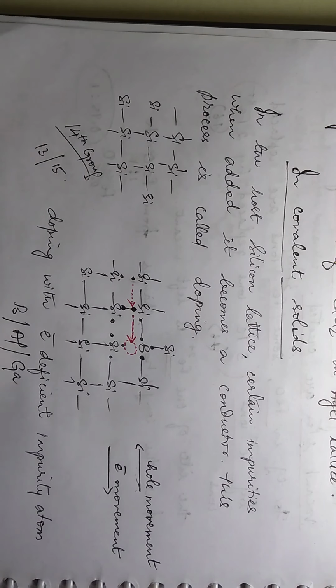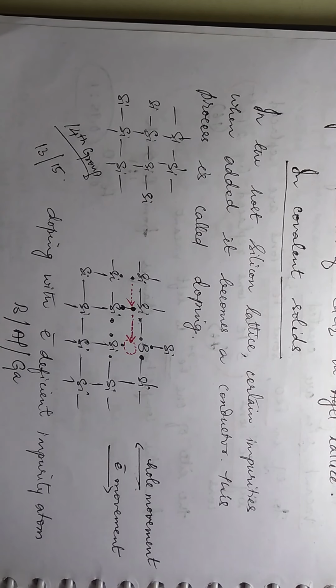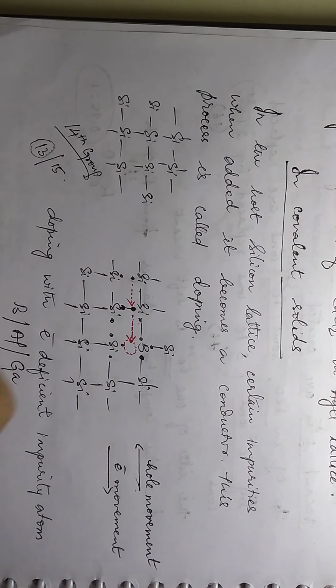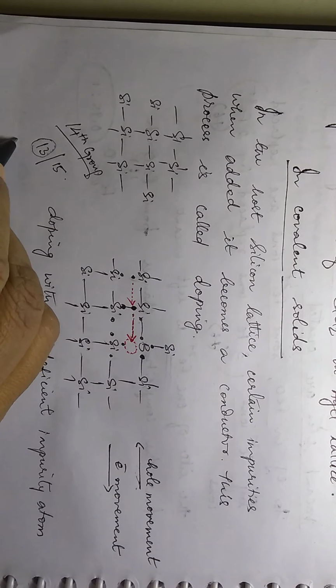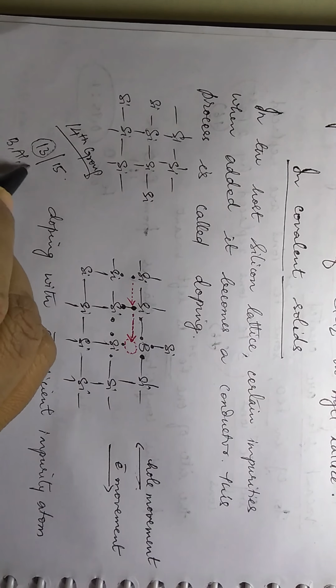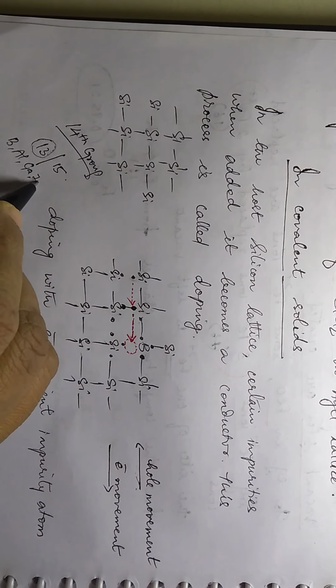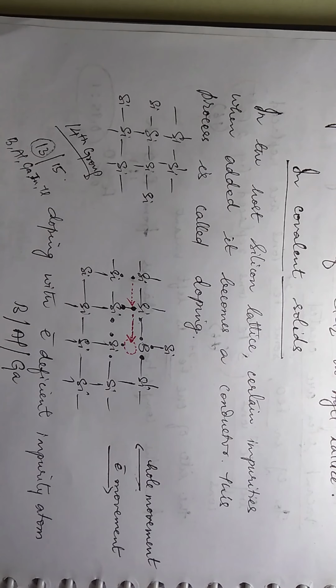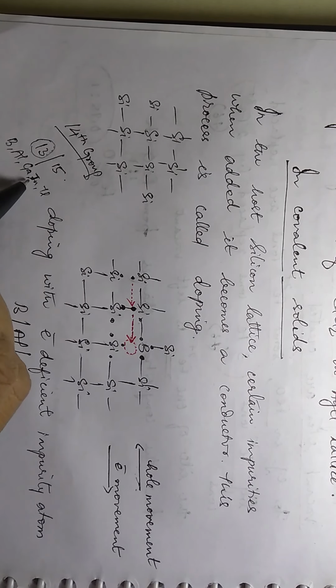Let us first discuss that we are taking an impurity atom from 13th group. What are the elements present in 13th group? Boron, aluminium, gallium, indium, thallium. These are all the elements present in 13th group.